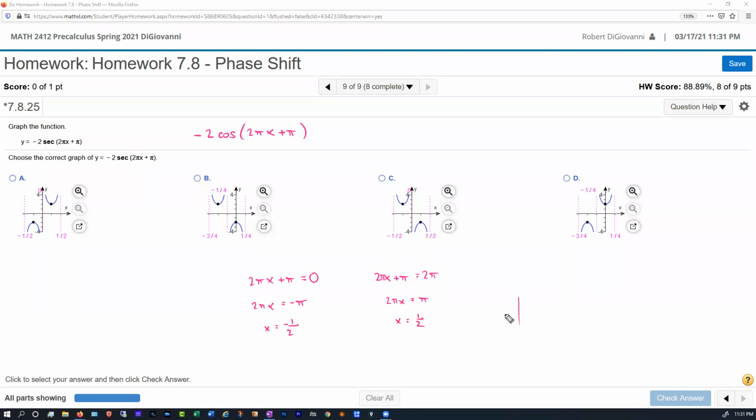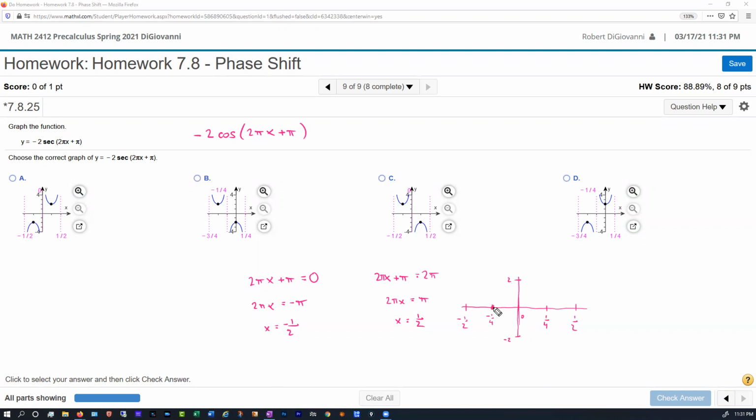So it's going to look like this. Negative 1/2, 1/2. Halfway is 0. Halfway here is negative 1/4. Halfway there is 1/4. And this is going to look like a cosine that has an amplitude of 2, but it's a cosine function that's been flipped over.